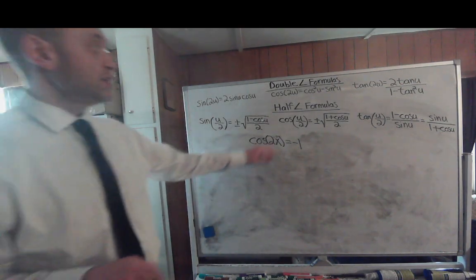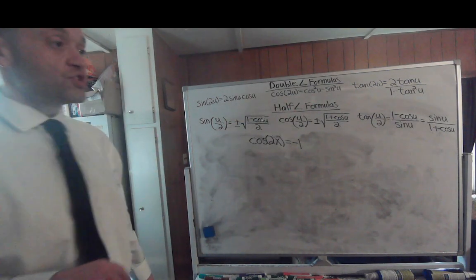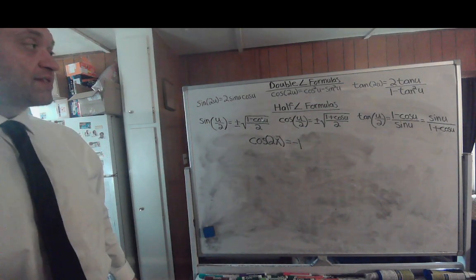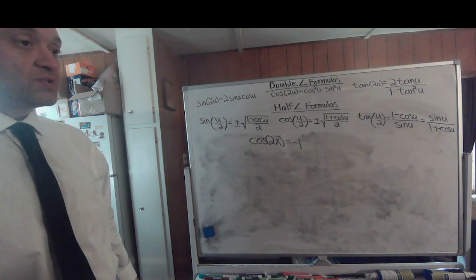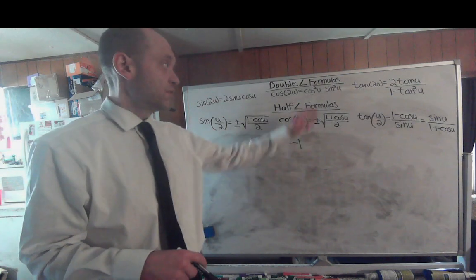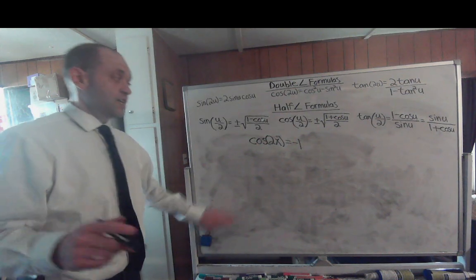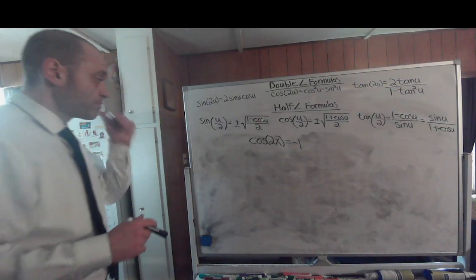You can definitely use your double angle formula and solve it that way, but you're going to be introducing sine into it, and then you're going to have to turn around and either pick whether you want to work with sine or cosine and then use the Pythagorean identity to convert one of them into the other. Or there's another trick if you have a simple double angle equation like this.